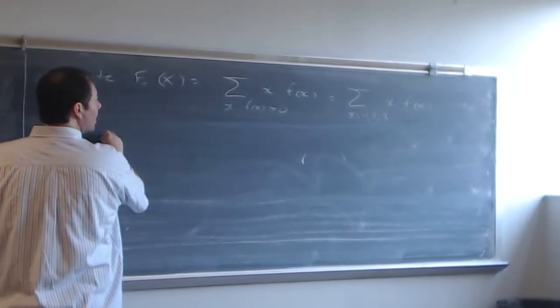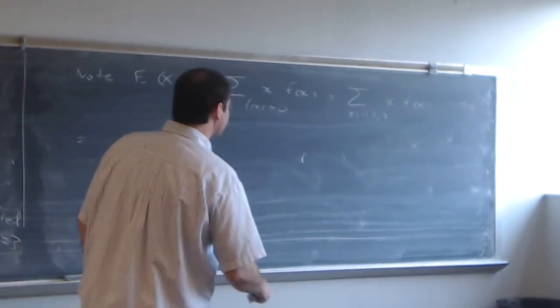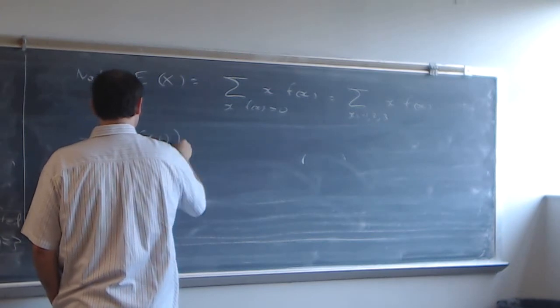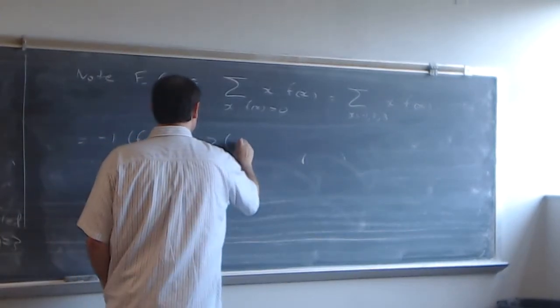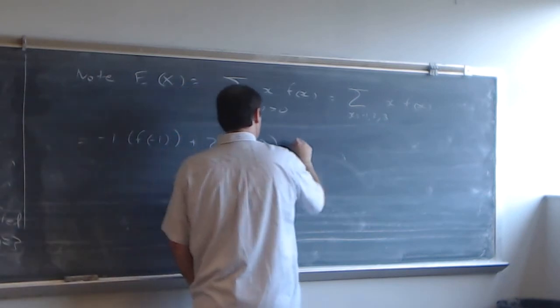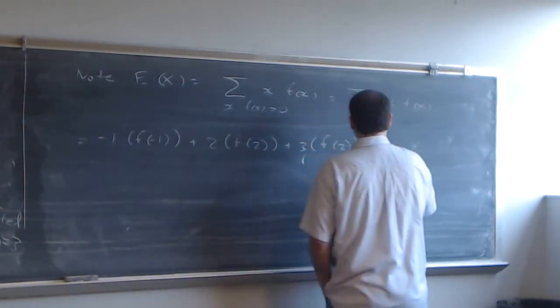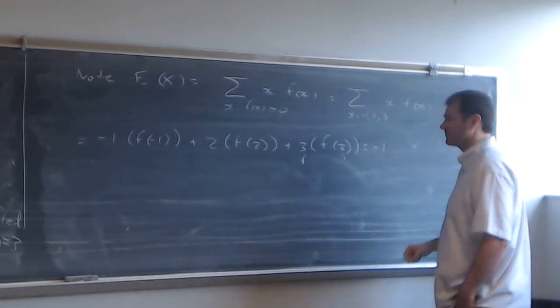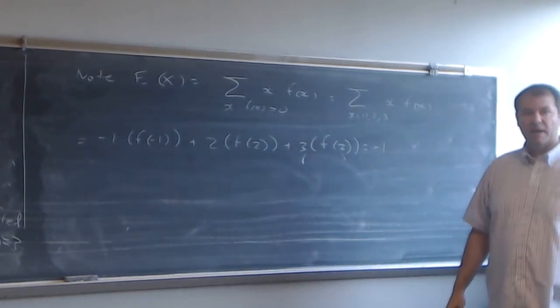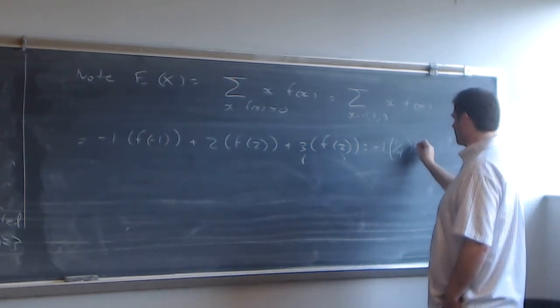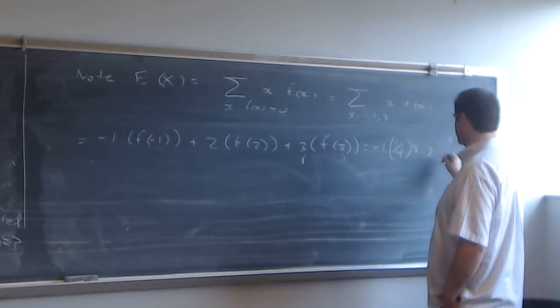So let me write this out carefully. It's -1 times f of -1 plus 2 times f of 2 plus 3 times f of 3. Well, that's equal to -1 times f of -1. What is f of -1? That was the chance that X was equal to -1. That's the chance we got a heart. That's 1/4. Plus 2 times f of 2.